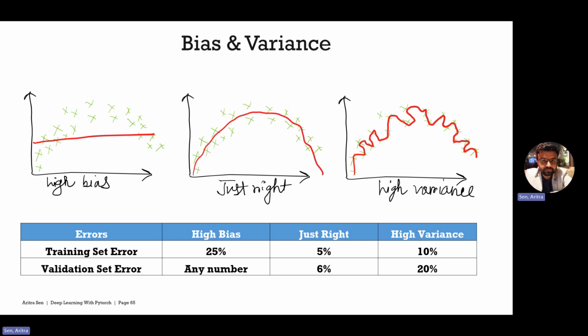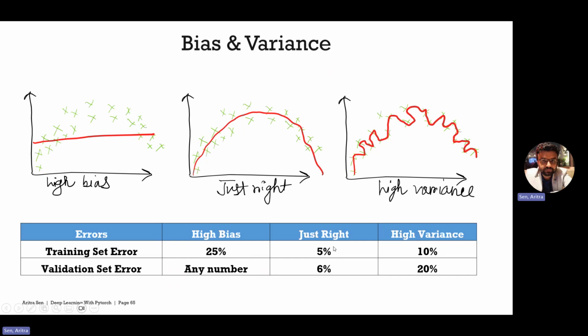Then there is the case of high variance, where your model is performing well on the training data set, but it is performing poorly on the validation data set, right? So where the error is 20% on the validation data set and 10% on the training data set, right? So here, the 25% which I mentioned was not accuracy, it's the error the model is making on the training data set, right?